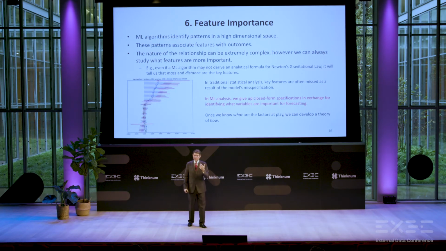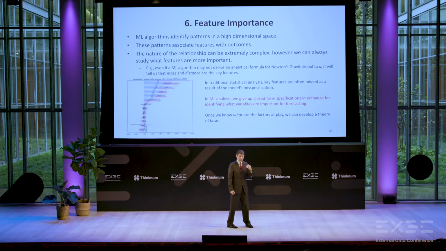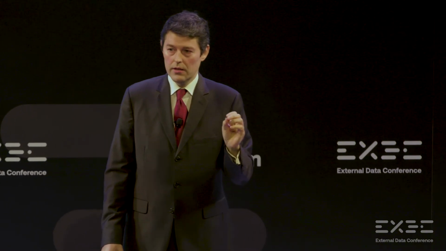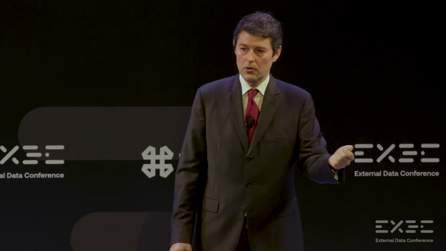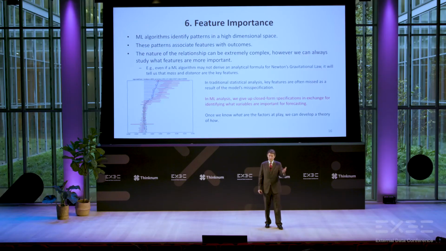The idea of feature importance is, can we understand what data sources are informative? And this happens in a very intuitive way. What we do is we randomize some of the variables and we observe the decay in the performance of the algorithm as a result of this randomization. Not performance like in a backtest, but performance like in a classification problem, computing, for instance, the AUC-ROC, the area under the curve in a receiver operating characteristic, or precision recall.